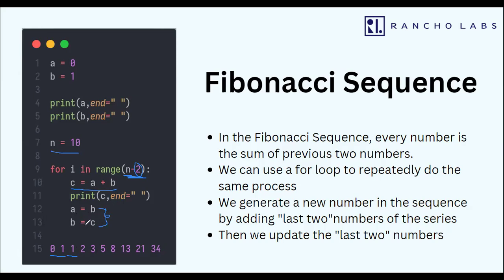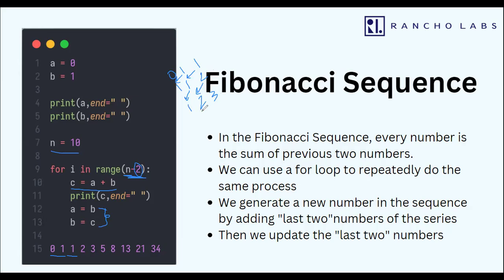Did you get the logic, guys? Here 0, 1, and for c we get 1. Then to get the next element, we should take 1 and 1, and the next element becomes 2. Then for the next element, this 2 has to move here, so the third element will become 3.